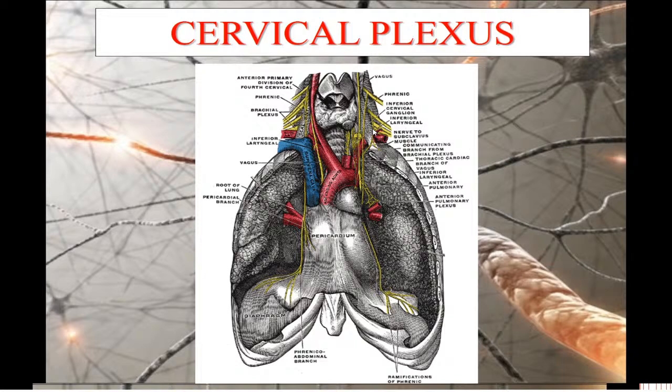This difference is because of the asymmetric location of great blood vessels in the thoracic region. The right phrenic nerve enters the thoracic cavity between the right subclavian artery and right subclavian vein, while the left phrenic nerve passes across the aortic arch.